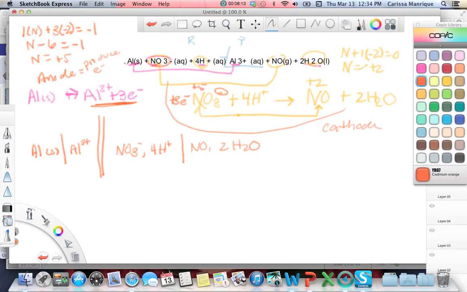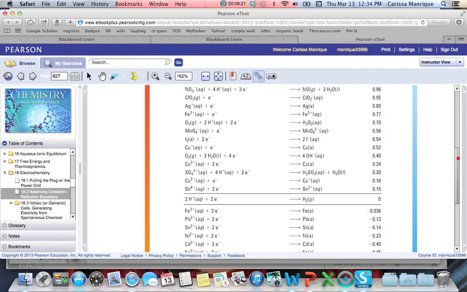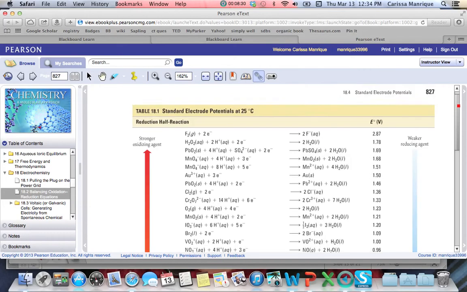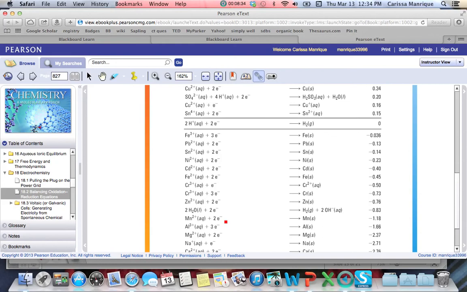So my anode is whenever I have aluminum going to aluminum 3 plus. Okay, now let's look at what that cell potential is. Let's see, come over here. Aluminum to aluminum 3 plus. Let's see if I can find it. I'm also very blind. Here it is. Aluminum to aluminum 3 plus, right here, is negative 1.66.